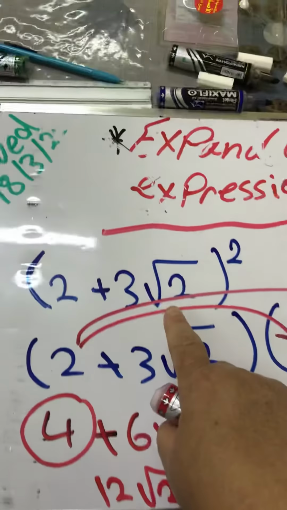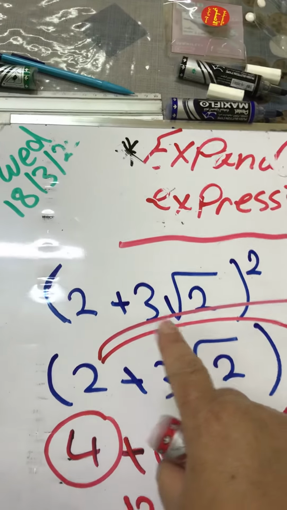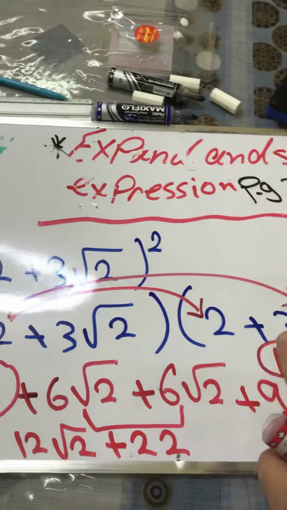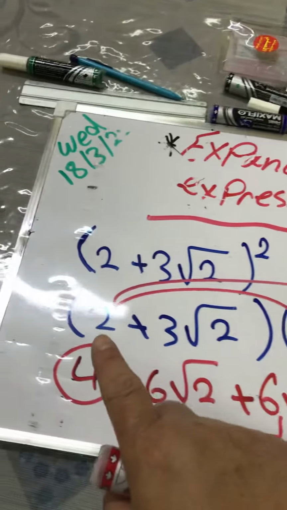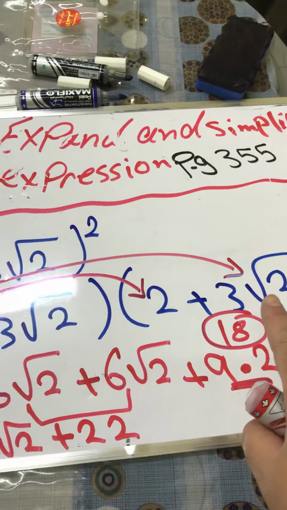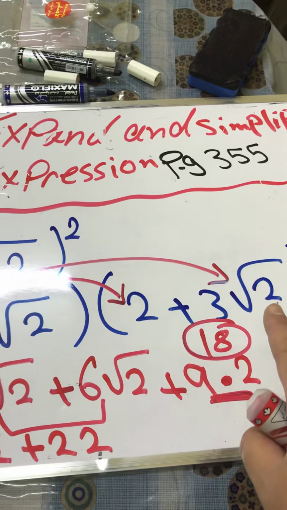So in such a case, I expand these brackets regularly. Brackets raised to the second power, that's to say multiplied by itself 2 times. Okay, you can take the first number, multiply by all things inside the second bracket, and the second number multiply by all things inside the second bracket.